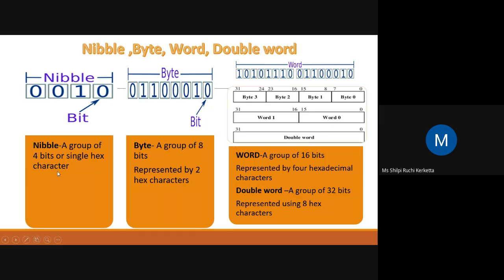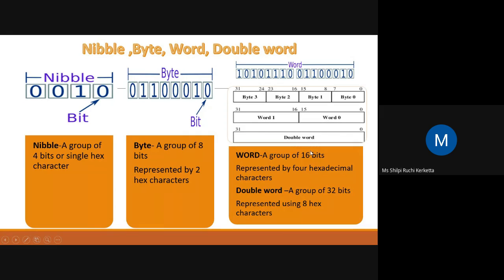Similarly, a byte is a group of 8 bits, which represents 2 hexadecimal characters. Then a word is a combination of 16 bits, or 4 hexadecimal characters.